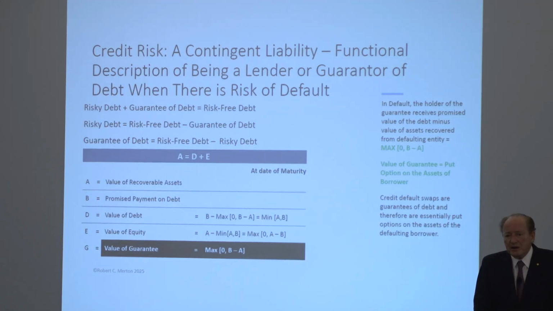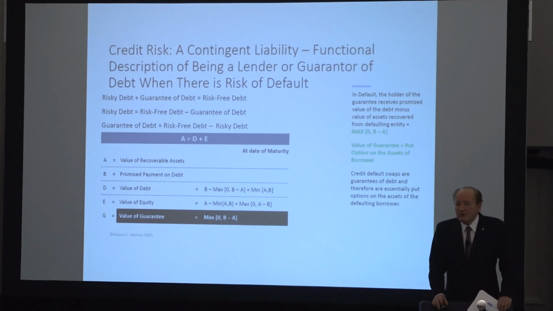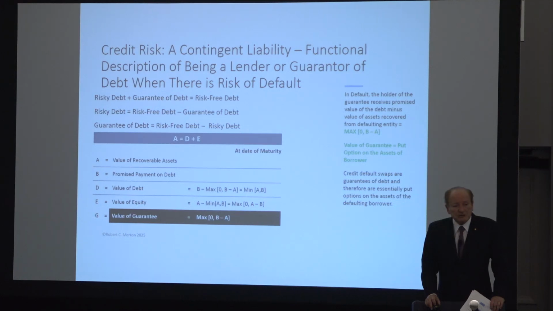When you come to have to pay, you either pay and everybody goes their way, they get what they were promised and that's it, or you can't pay or don't pay, in which case, if you're the holder of that bond, you're going to get something less, all right? So what's the value of the guarantee? If you get paid, nothing. It's like you buy an insurance policy on your house, it doesn't burn down. At the end of the contract, it's worthless. You didn't need it. You didn't know you didn't, okay?